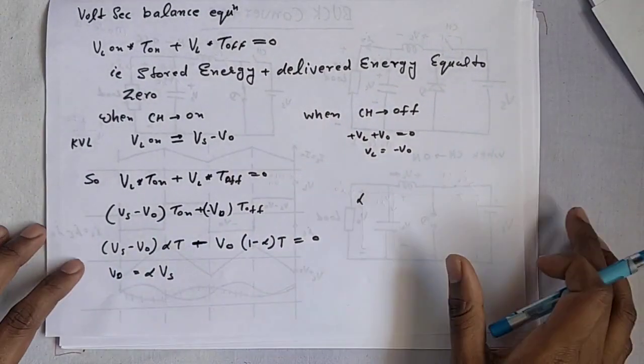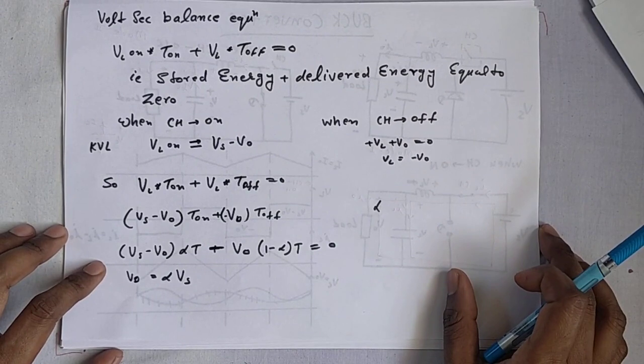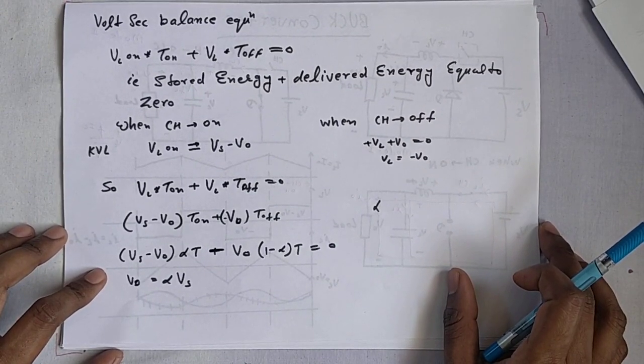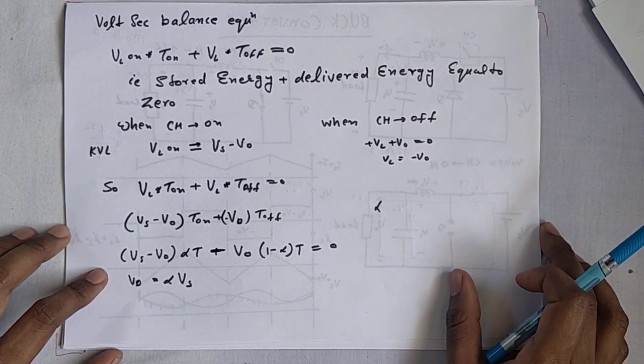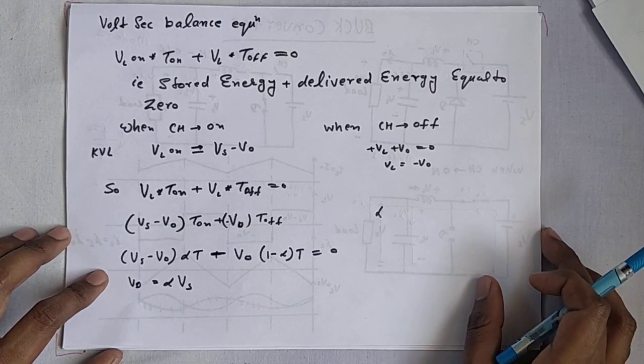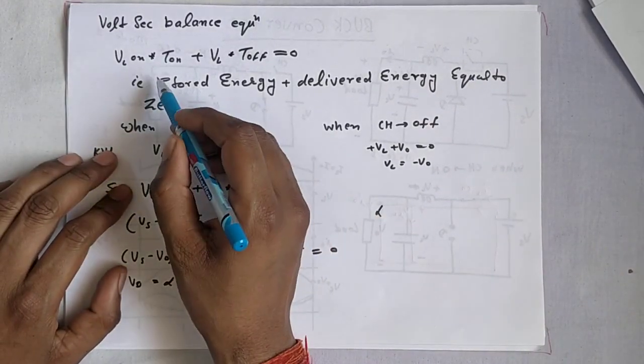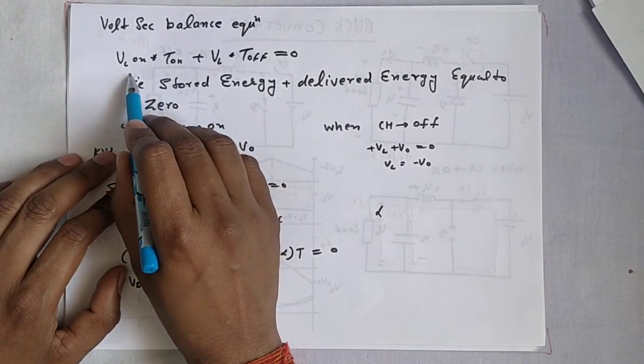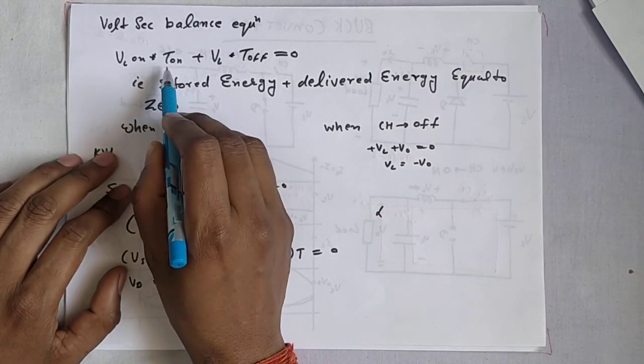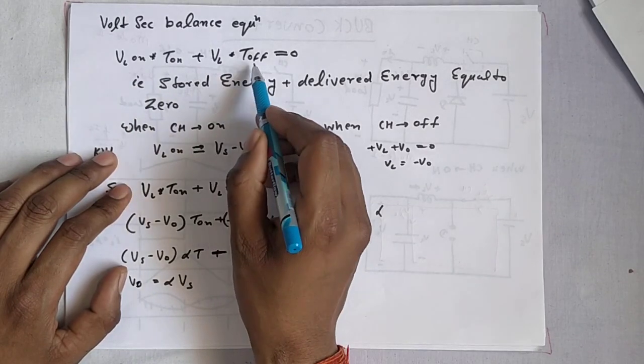Now let's see the output voltage equation. How we will derive and write our output voltage equation. This is the voltage-second balance equation. This is VL, the voltage across the inductor during on, and the voltage across the inductor during off.